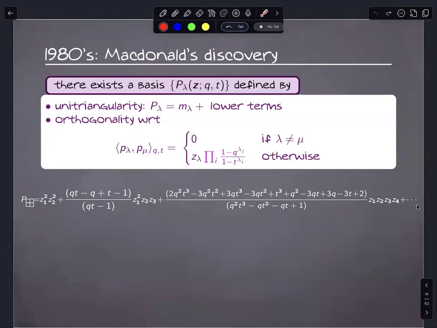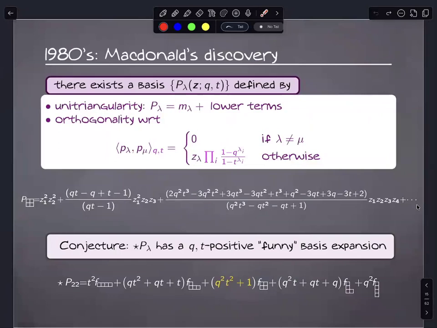So that many of us would look at that and decide probably not to proceed, but Macdonald has a very high futility threshold, and he looked at it more closely, and he said, well, there is a way, first just get rid of the denominators, and then there's a way to combine the yuckiness into a basis. It's not the Schur basis, it's not a power basis, it's not a basis you've probably worked with. I call it the funny basis because I don't even really know how to define it.